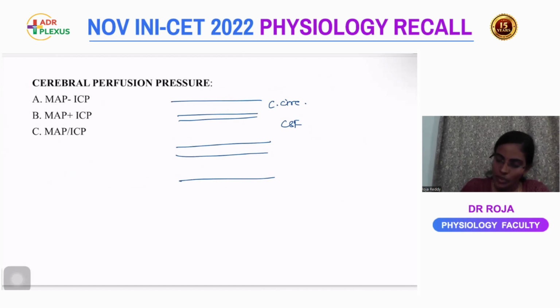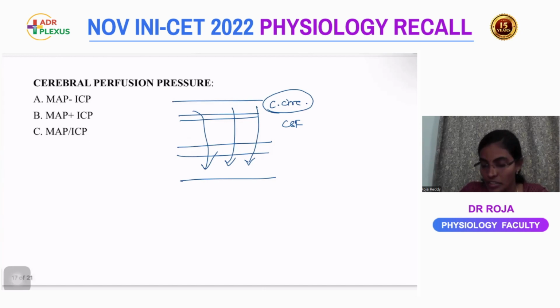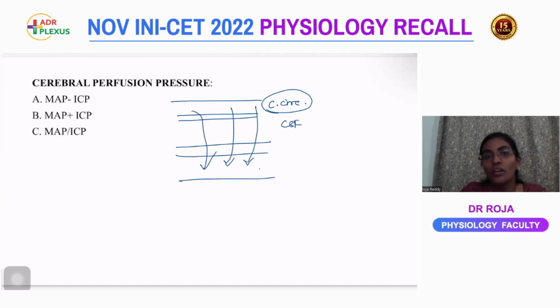Cerebral perfusion pressure completely depends on the pressures which are present in the cerebral circulation. If there is increased or decreased pressure, it will definitely alter the perfusion or the supply to the brain.